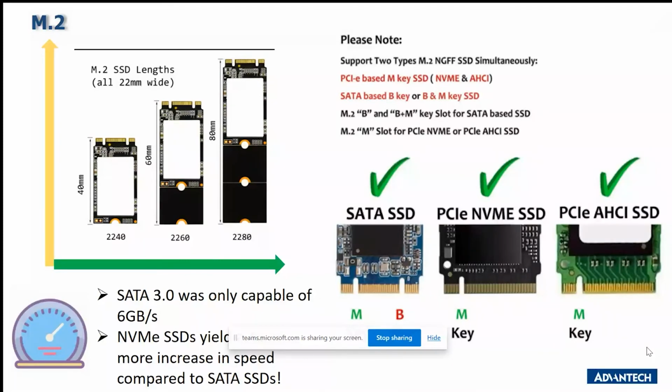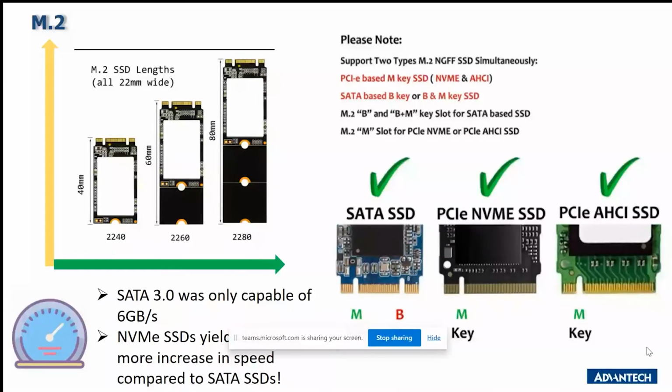NVMe drives can run at the speed flash memory is capable of. NVMe technology allows SSDs to unleash their true potential. This means it's very fast in write and also read speeds. NVMe SSD also yields a 4 times or more increase in speed compared to SATA SSD.